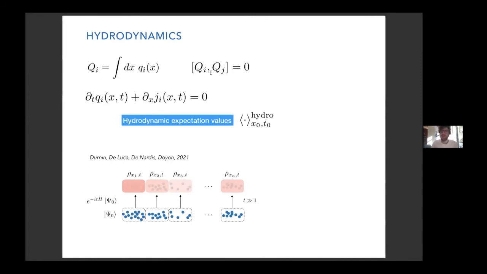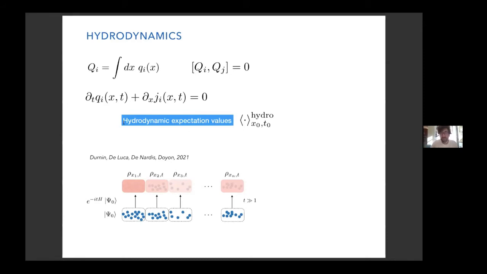All these conserved quantities commute with each other, and we want to write down an equation for these densities, which is a continuity equation for the density of conserved quantities. To each density there is a current associated to it. I will denote the conserved quantities with an index i, which can be generic, 1 or 2, but even infinity.